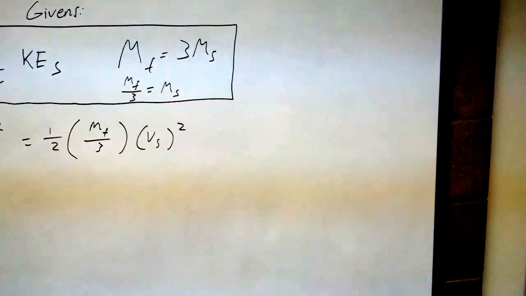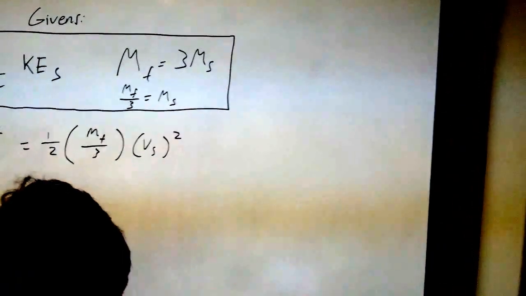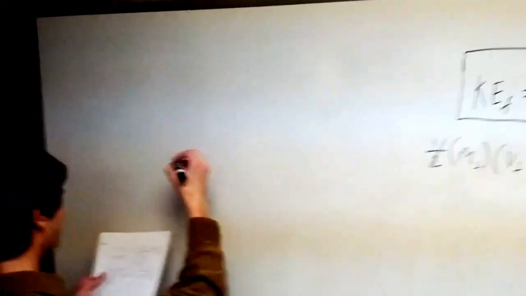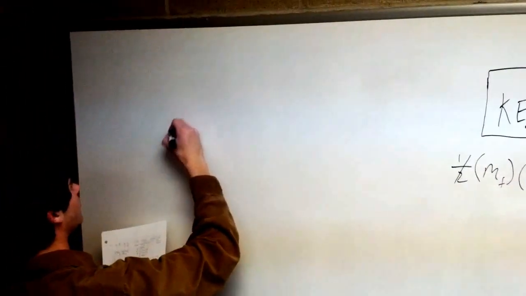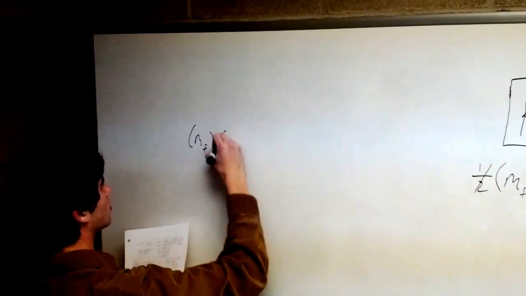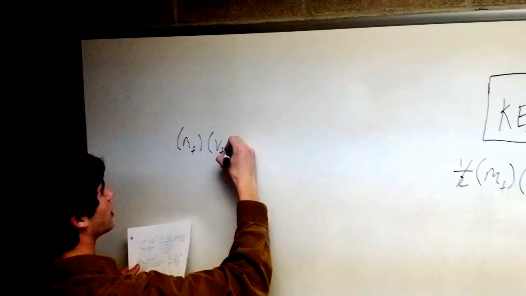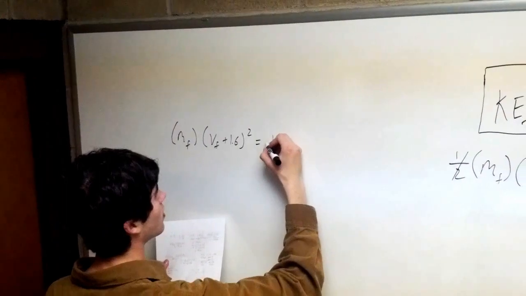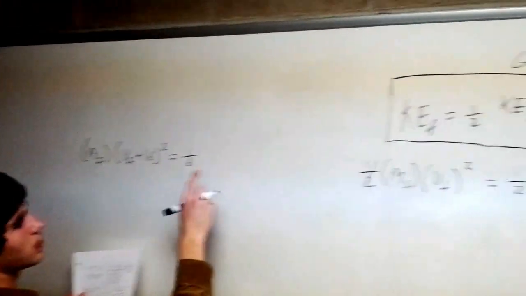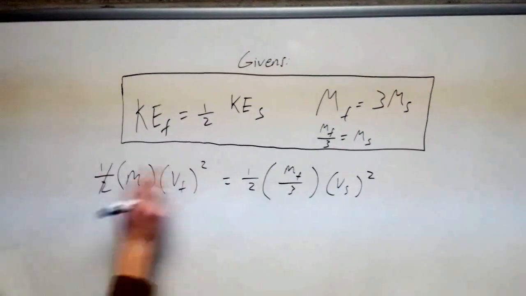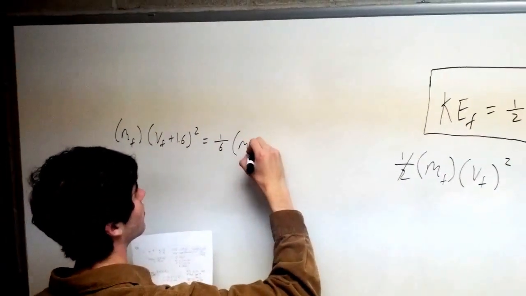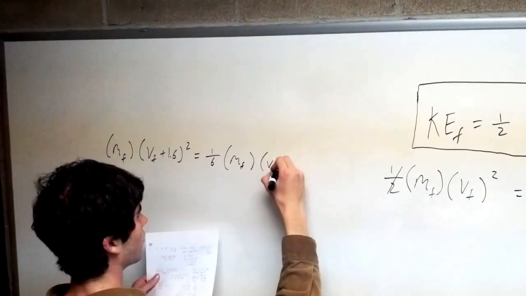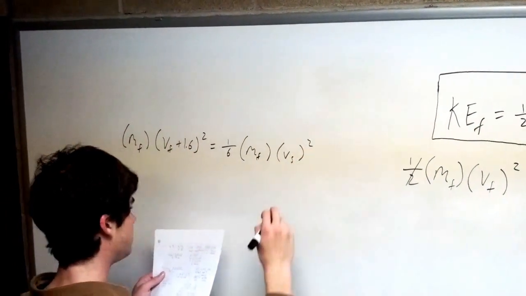So the second part of the problem says that the father speeds up by 1.6 meters per second. So the mass of the father times the velocity of the father plus the 1.6 meters per second that he speeds up by squared equals 1/6. That's just bringing out the 1/3 that we multiplied the mass of the father by, 1/6 mf times velocity of the son squared.